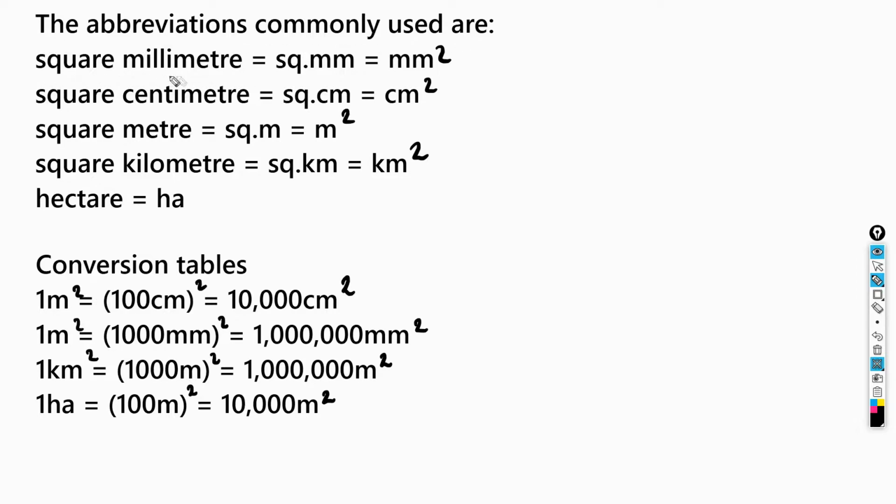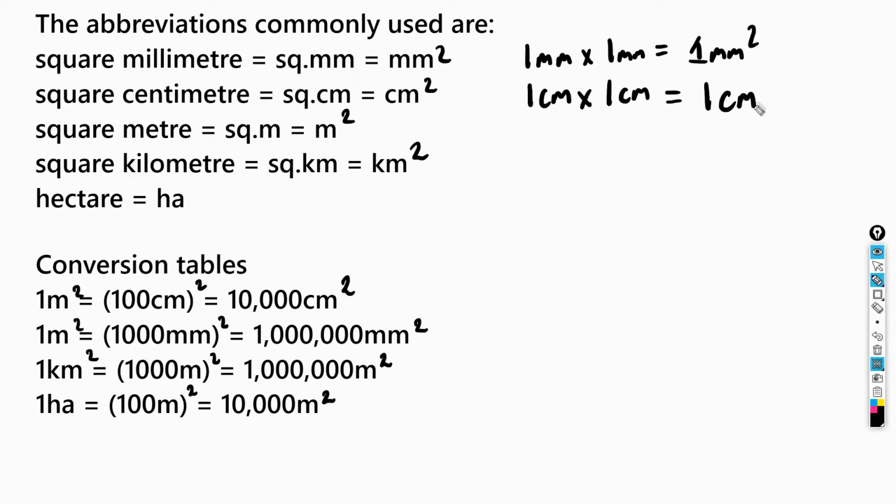We have square millimeters, which is millimeter squared. If you have 1 millimeter multiplied by 1 millimeter, you're going to end up with 1 millimeter squared. Same thing here, we have square centimeters. If you have 1 centimeter multiplied by 1 centimeter, you're going to end up with 1 centimeter squared.